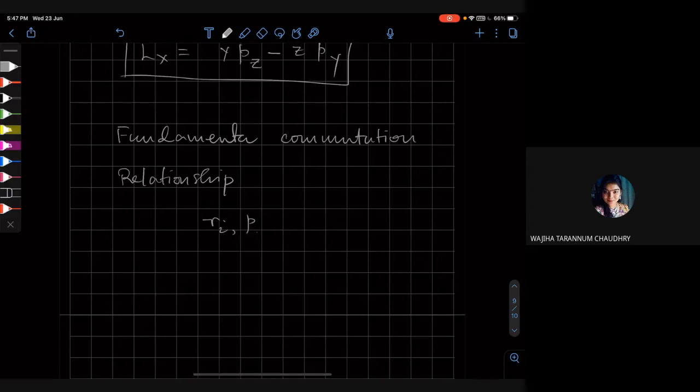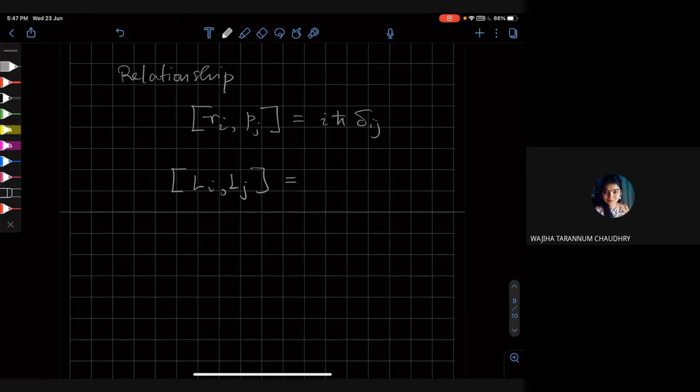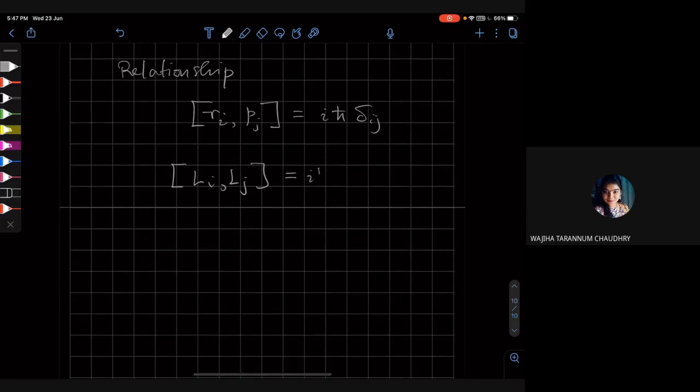[Ri, Pj] is equal to i h bar delta ij. And we can now calculate the commutator of Li and Lj. With a little bit of algebra, which I leave for you to do for yourself, i.e. show, this is going to be i h bar epsilon ijk Lk.